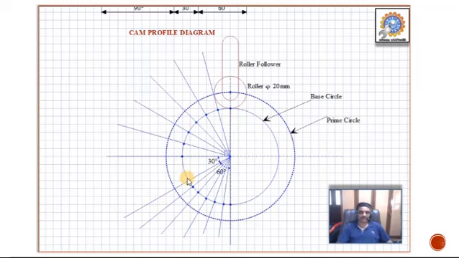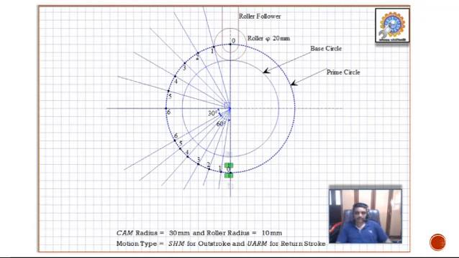And after the dwell, again for the return stroke, I am supposed to have the same 6 divisions. I am supposed to mark them over the prime circle, not over the base circle. You can see now the respective markings were done, 0, 1, 2, 3, 4, 5, 6, and in the return stroke also 6 to 0.